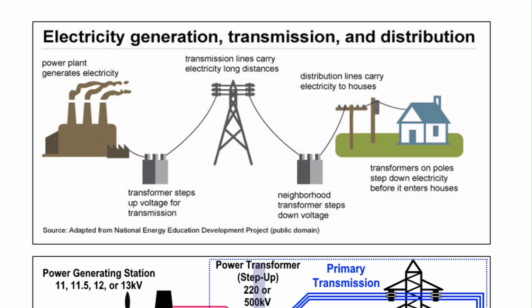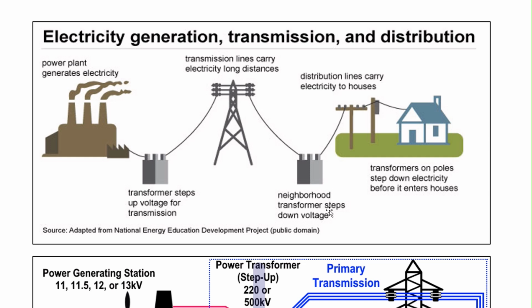So, at the power plants, electricity is generated with the help of generators and turbines, and that voltage is of a different level. So, before transmission, with the use of a transformer, it is stepped up so that the losses can be reduced in the transmission circuit, and it is transmitted to a distant place where it is supposed to be used on the industrial level or domestic level.